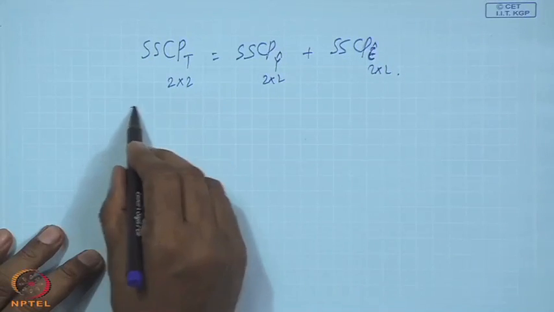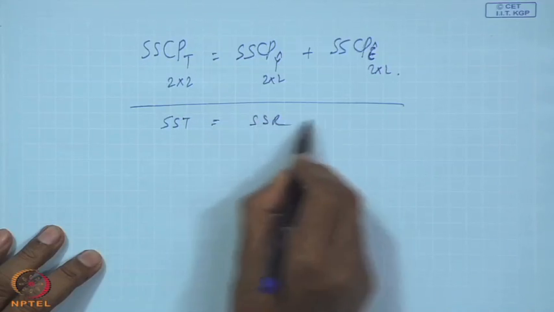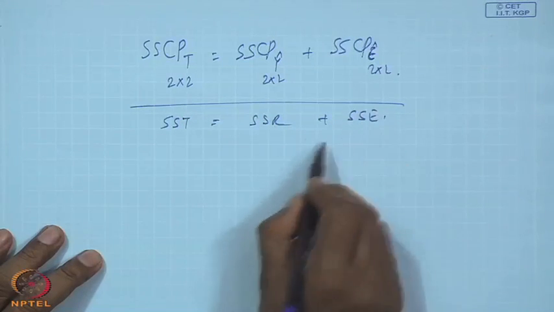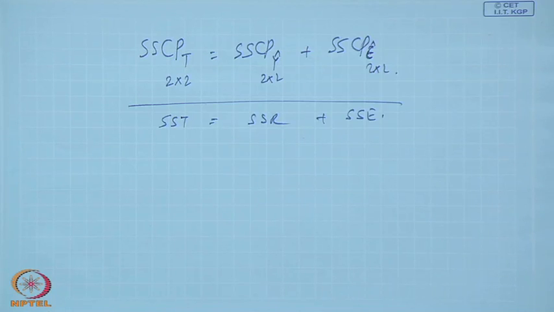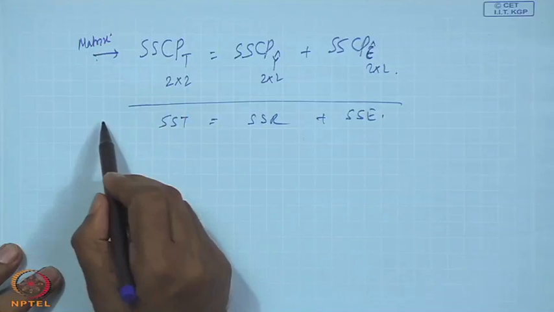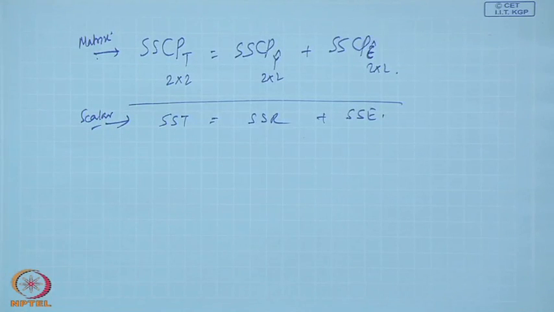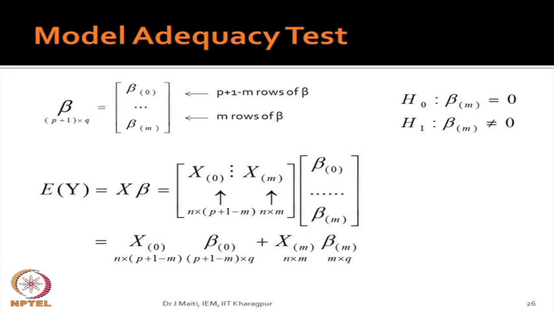So, it is similar to your SST equal to SSR plus SSE. Okay. The difference is this is the matrix domain, whereas that is the scalar domain. Okay, fine. We will do some tests.